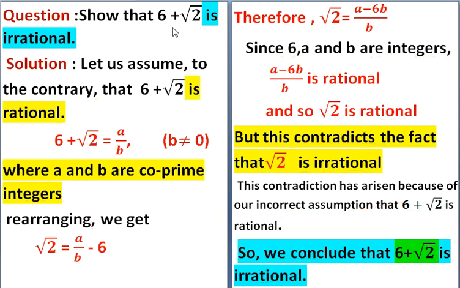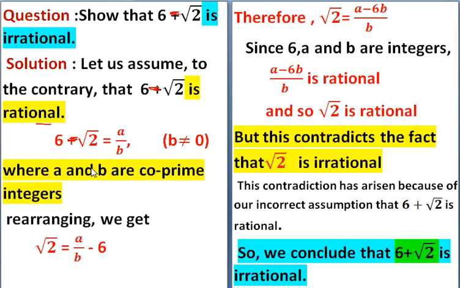In your exam, if the examiner asks, in place of this positive sign, a negative one, 6 minus root 2 is irrational, then you can solve it similar to this question. In the starting, first you assume 6 minus root 2 is rational, and 6 minus root 2 will be equal to a by b.